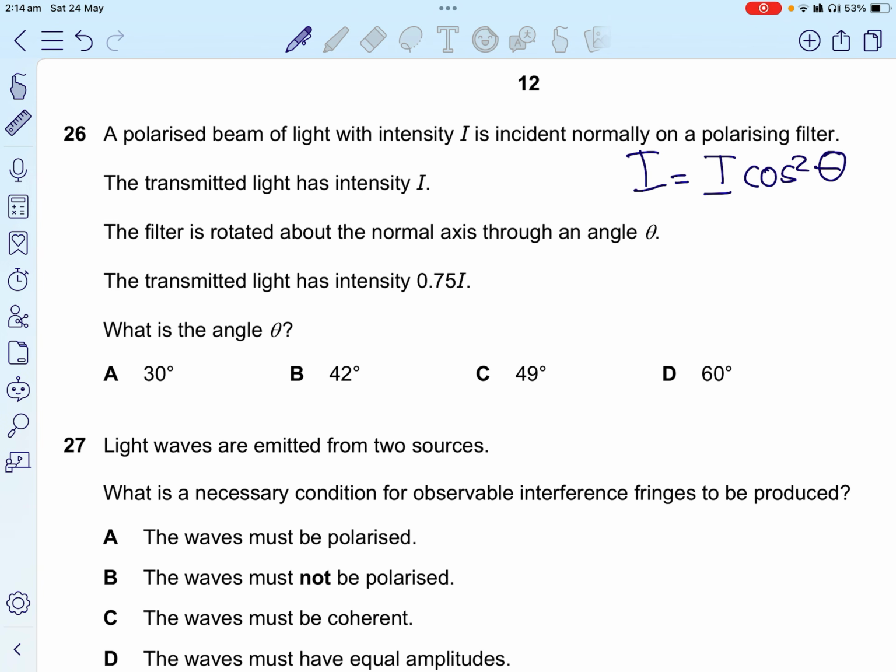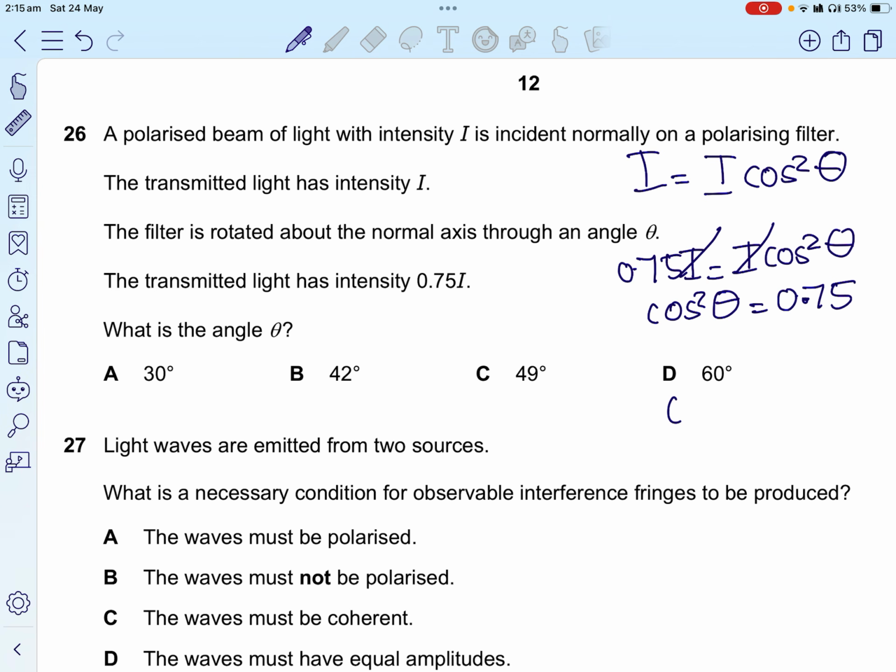So we could say that the final intensity 0.75 I is equivalent to the original intensity, which is I, times cos squared theta. I can be cancelled out, so cos squared theta is 0.75.